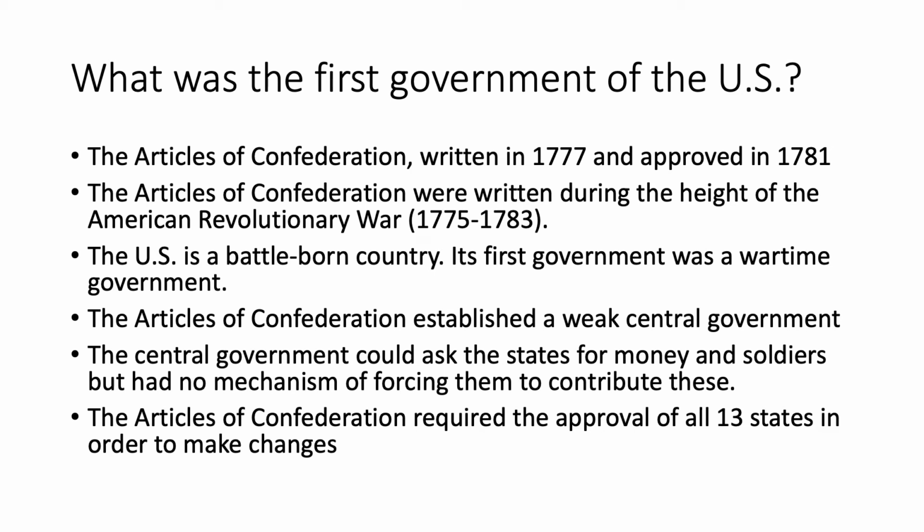And the government that was established was actually a weak one. It was very much like what NATO is today, the North Atlantic Treaty Organization. NATO is an organization for meeting the security needs of a number of Western countries.